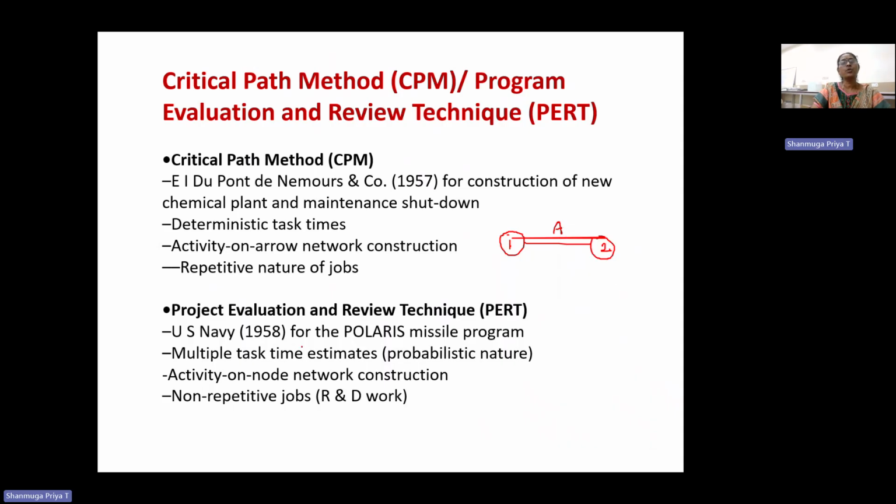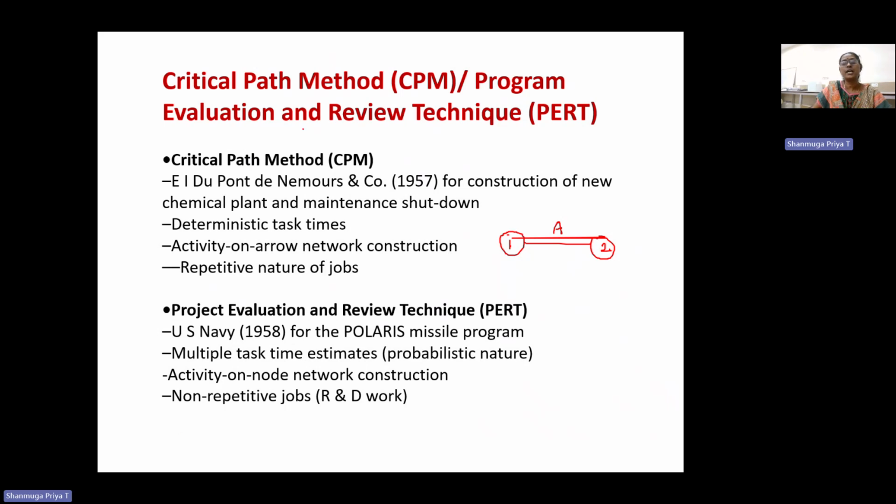Next is the Program Evaluation and Review Technique. It was developed by the US Navy in the year 1958 for the Polaris mission program. It uses a multi-time estimate, not a single time estimate, which is probabilistic in nature.